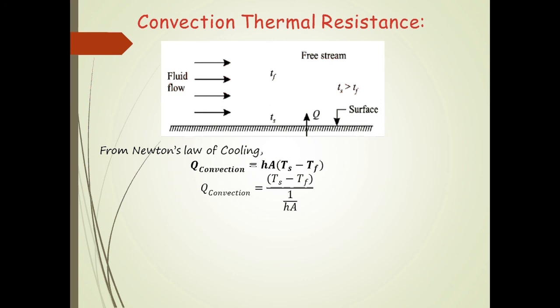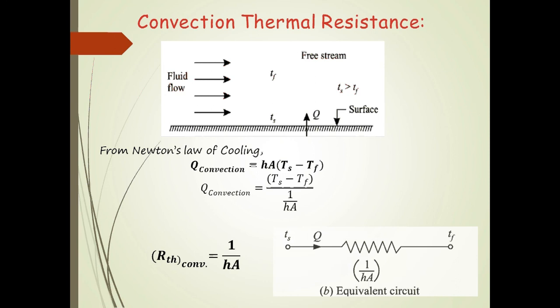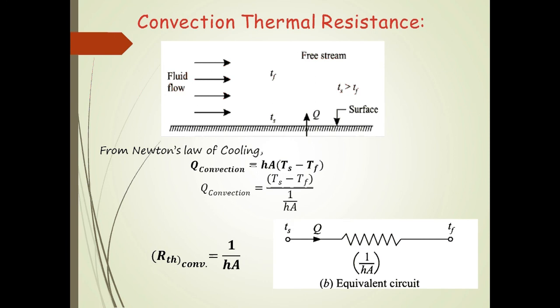Now if you compare this equation to the electrical analogical equation, we will get thermal convective resistance as 1 upon HA. Its equivalent circuit is drawn like this, where Ts is the surface temperature, Tf is the fluid temperature. Heat will flow from higher temperature to lower temperature through that equivalent resistance, that is convective thermal resistance.